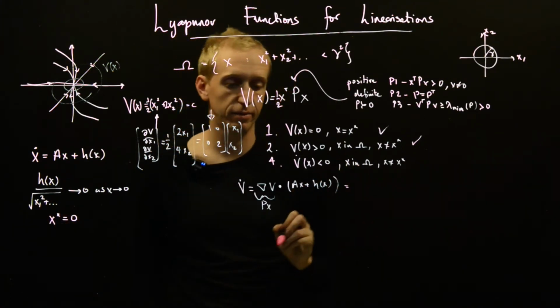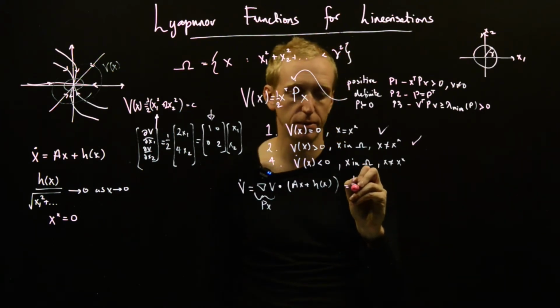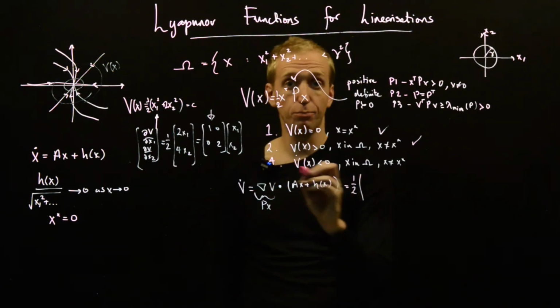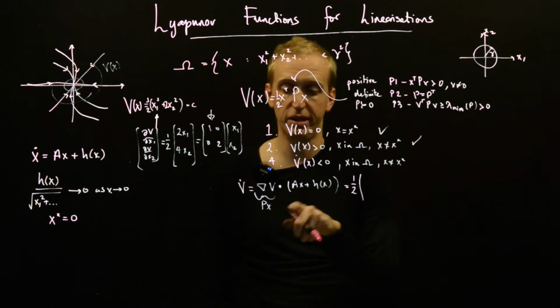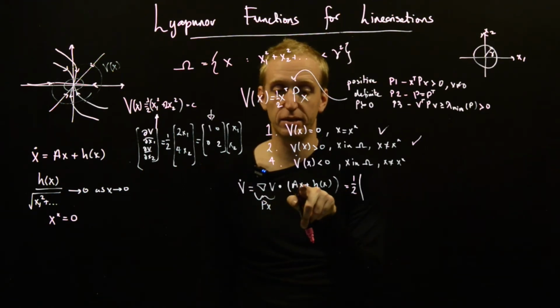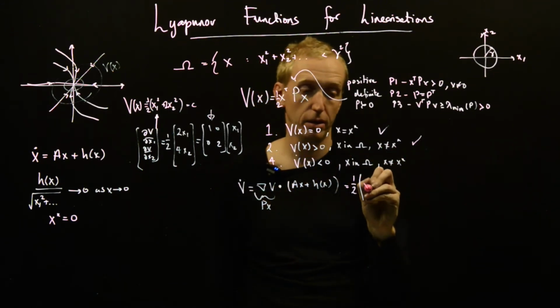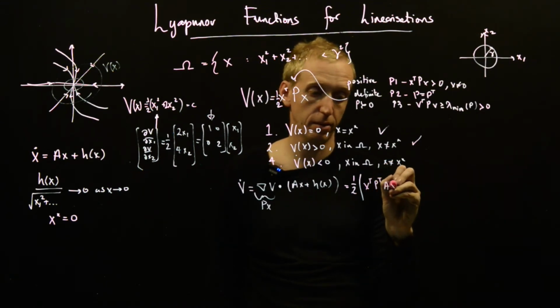So what do we get? Well, I'm going to do something a little bit funny. I'm going to put a 1/2 in here. So how do we find dot products? Well, we take the transpose of one vector and multiply it by the other vector. So we need to take the transpose of this vector and multiply it by this vector to get grad v dotted with Ax. So x transpose P transpose Ax.